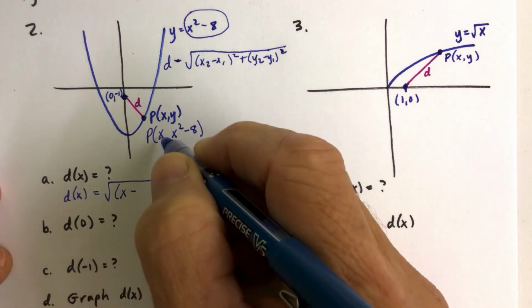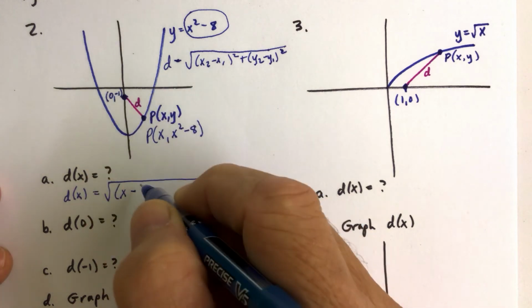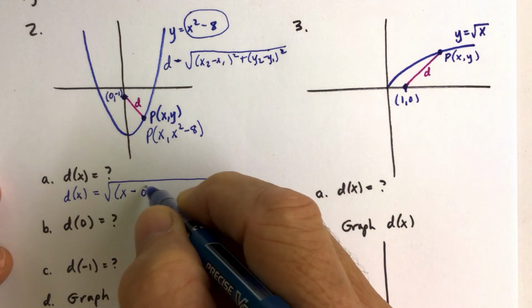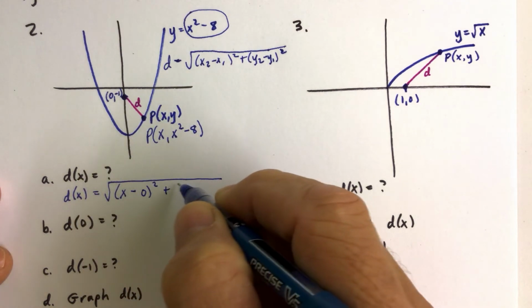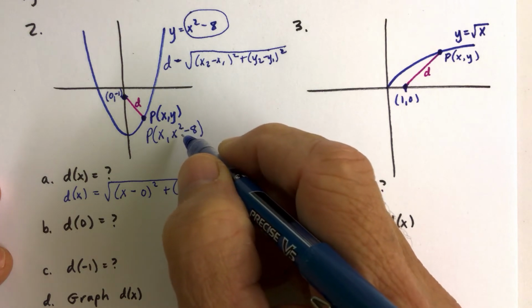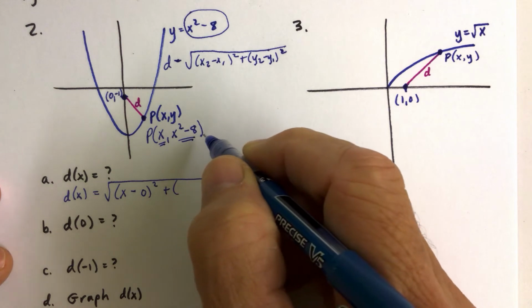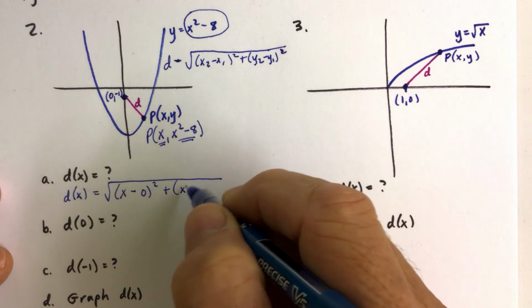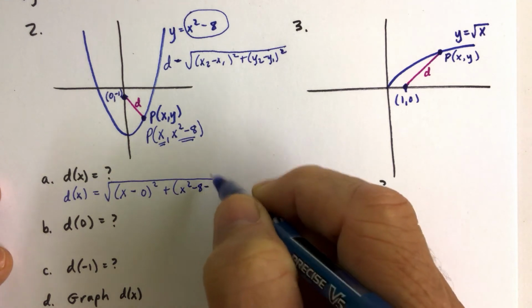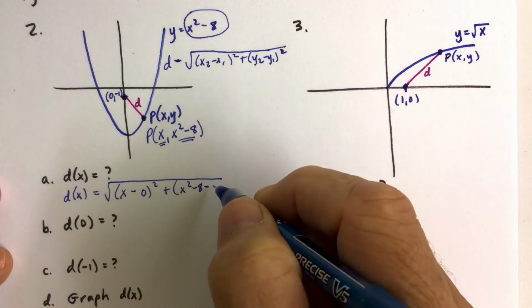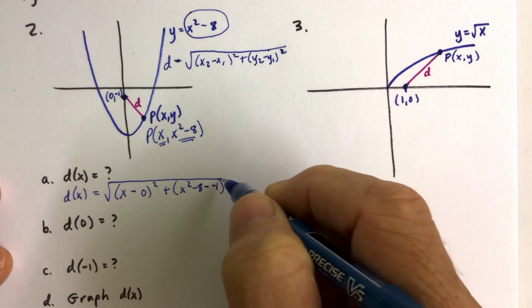So the difference in the x coordinates is x minus the x coordinate of the other point, 0, squared, plus the difference in the y coordinates. So if you started with this x coordinate, you want to start with this y coordinate. So x squared minus 8 minus the other y coordinate, which is -1. And we square that.